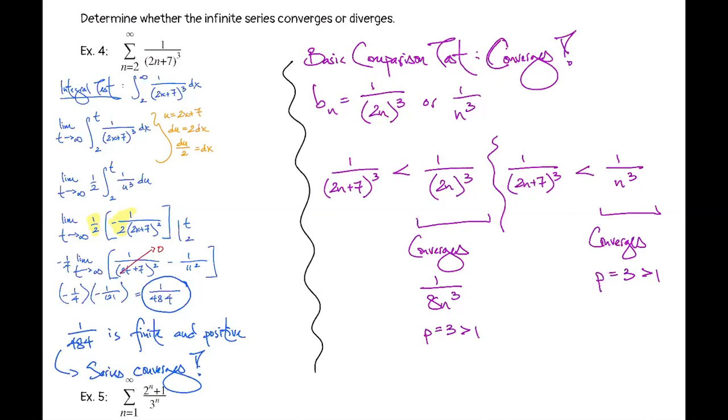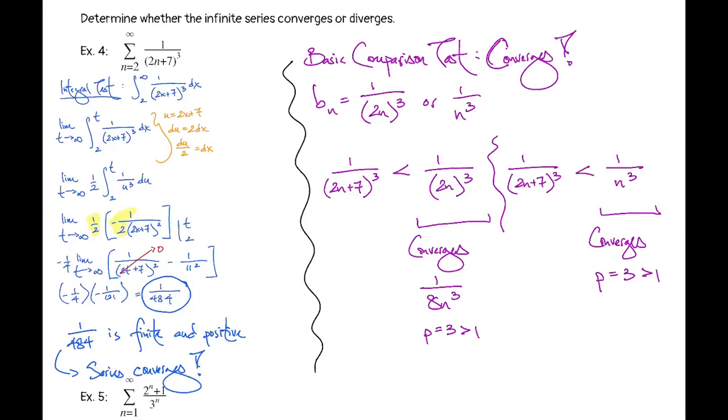Well, the other statement is that if you compare them and the one that you know about is smaller than the one you're comparing it to, if that one diverges, so does the one you're comparing it to. So you're not always trying to find a larger one.